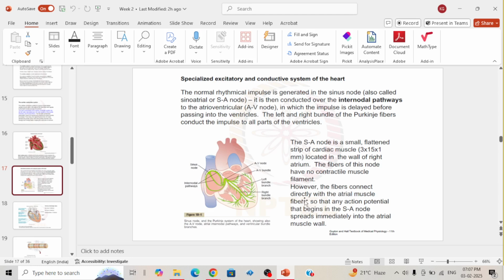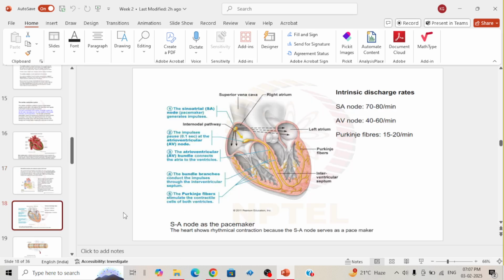However, the fibers connect directly with the atrial muscle fibers, so that any action potential that begins in the SA node spreads immediately into the atrial muscle wall, so that the contraction can happen strongly and simultaneously in the atrium. So this is the SA node, as I told you, the pacemaker that generates impulses.